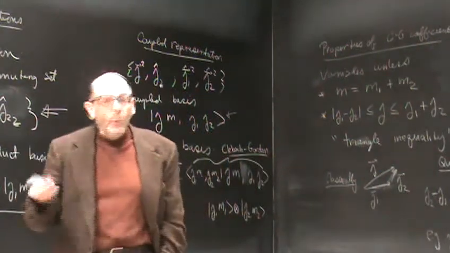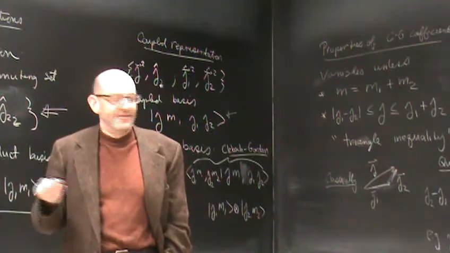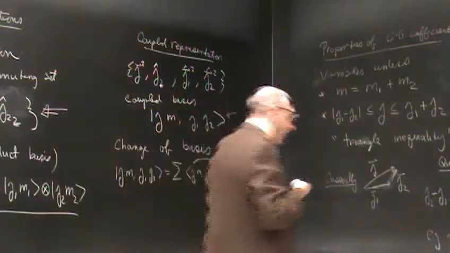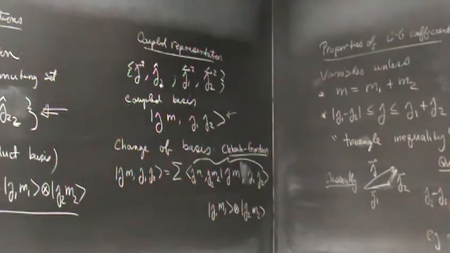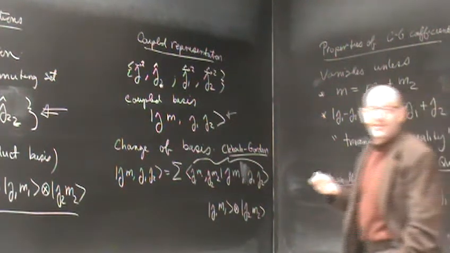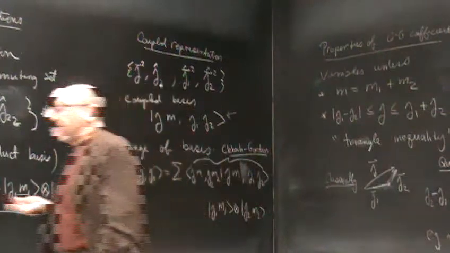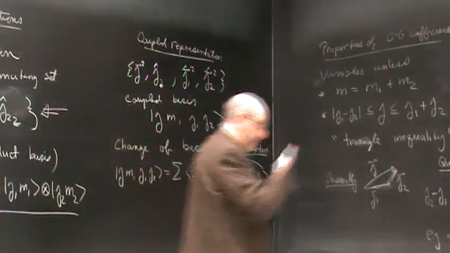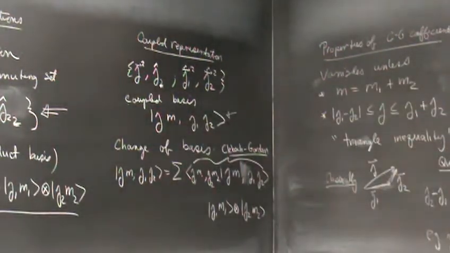Of course, we can always use any basis to represent the state. We can always expand the state in any basis we like. On the other hand, as you know, certain bases are more natural to use in the context of a certain physical situation. So, for example, I haven't said anything about the Hamiltonian, right?